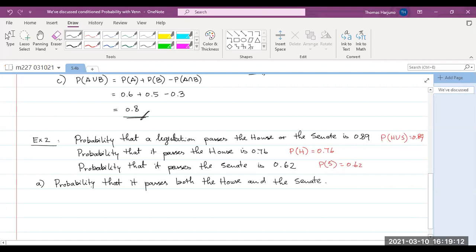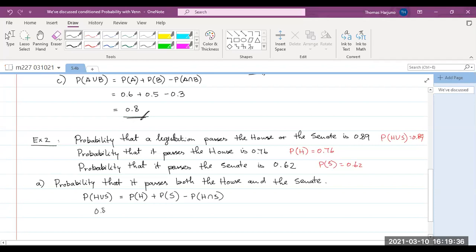Now that's one of the questions. That's part A actually in your quiz, right? So probability of passing either one, at least one, is equal to probability of passing the House plus probability of passing the Senate minus probability of passing both.